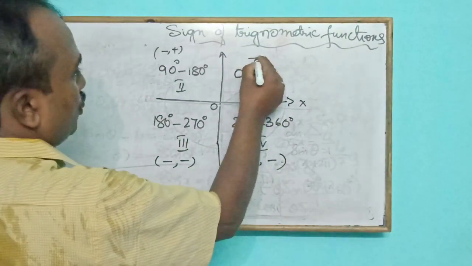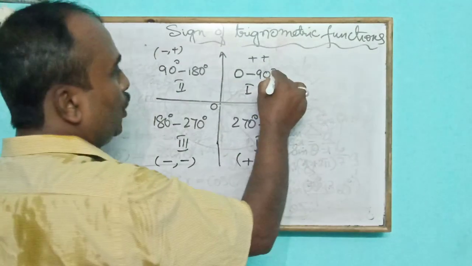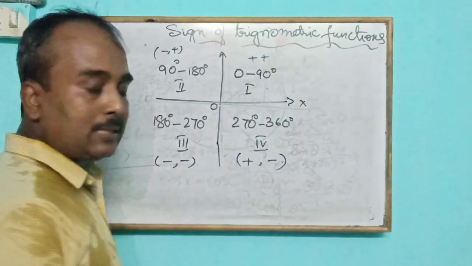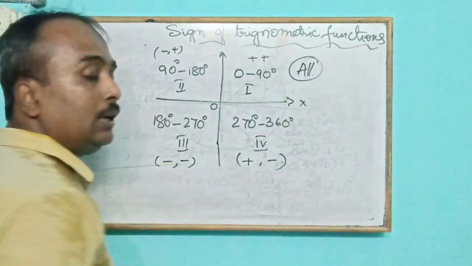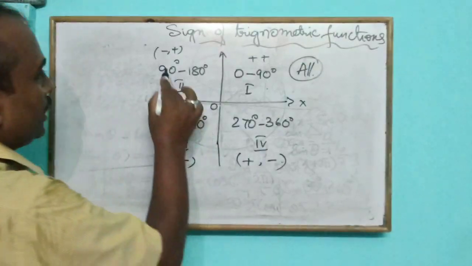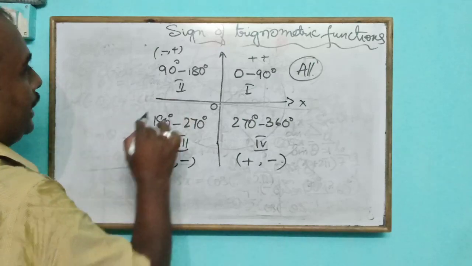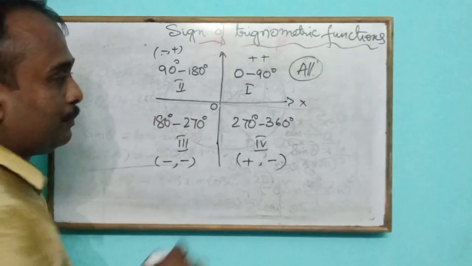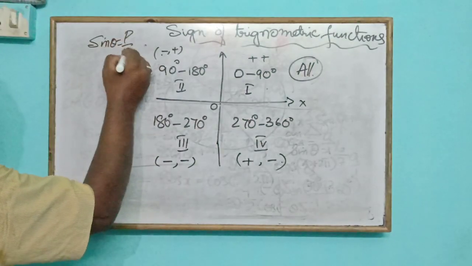If both are positive, that means the perpendicular will be positive and the base will be positive. So if perpendicular and base are positive, then all the trigonometric ratios for values between 0 and 90 degree are positive. Here the base is negative and the perpendicular is positive. Perpendicular positive means, we know, sine theta is perpendicular by hypotenuse.